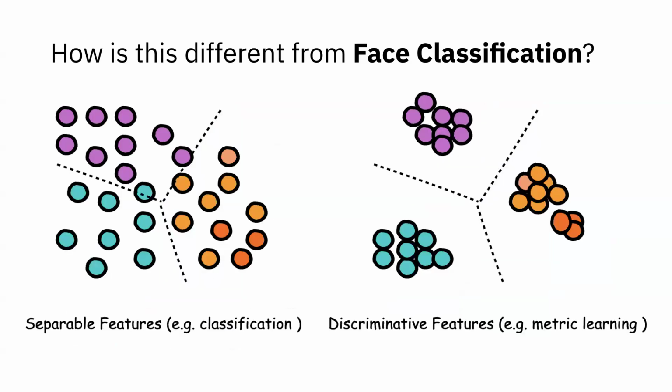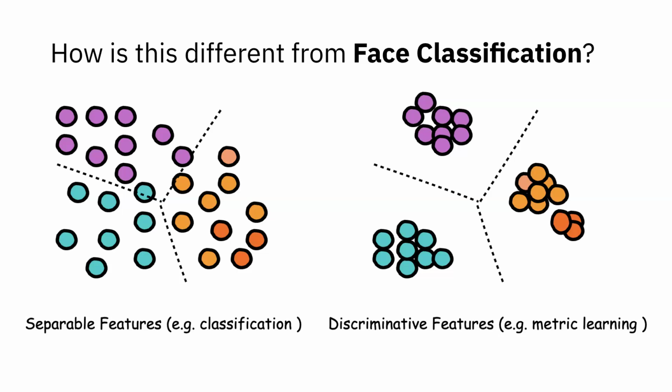You can visualize that as in face classification, all we cared about was whether we can accurately predict each face to what its name is supposed to be. Versus now we care about whether we can group similar faces next to each other, so that when we see someone new who is not the same face, we can say they're not the same as you.